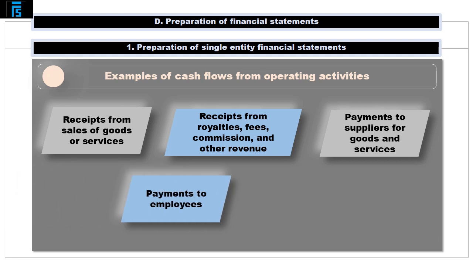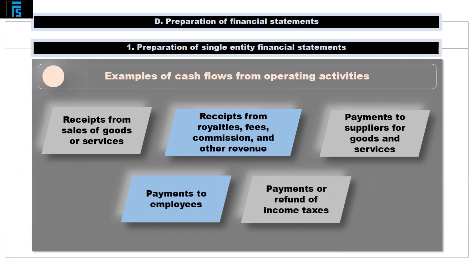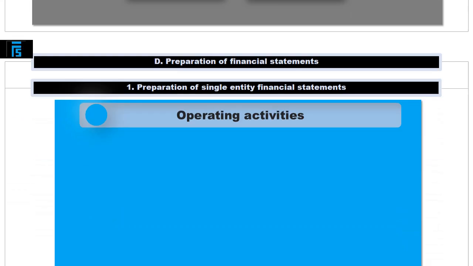Cash payments to employees, and cash payments or refunds of income taxes unless they can be specifically identified with financing or investing activities, as well as specific examples of cash flows which relate to the operations of insurance companies and the holders of some derivatives contracts.